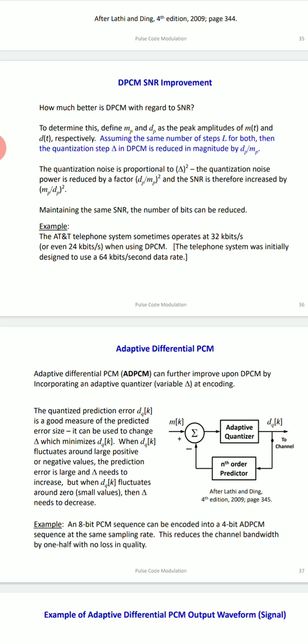At that rate you get the same signal to noise ratio as compared to pulse code modulation.